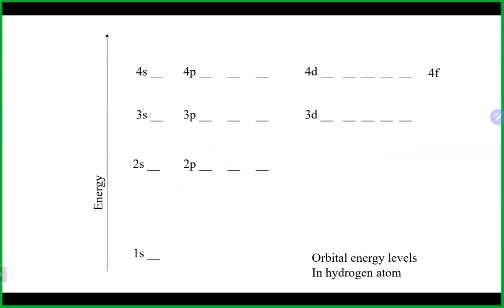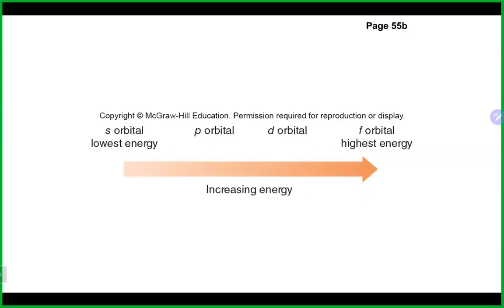All right. So let's talk about where we find these orbitals and on what energy level. Starting on the very first energy level, n equals 1, we have a 1s orbital. The 1 means it's on the first energy level. The s means it's an s orbital. That is the only orbital that we have on the first energy level.